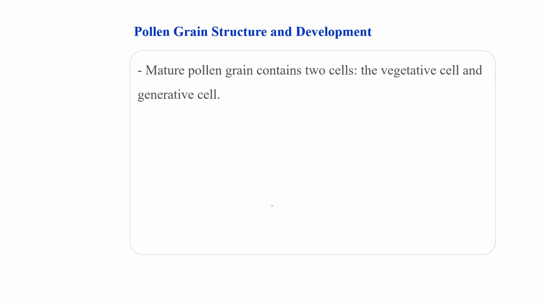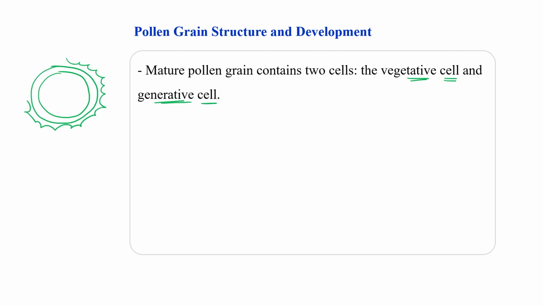Okay, now let's discuss the pollen grain structure and its development. A mature pollen grain contains two types of cells. One is known as the vegetative cell, another one is the generative cell. Just now we have this kind of structure, outer layer, inner layer, and two types of cells, one here and one over here.